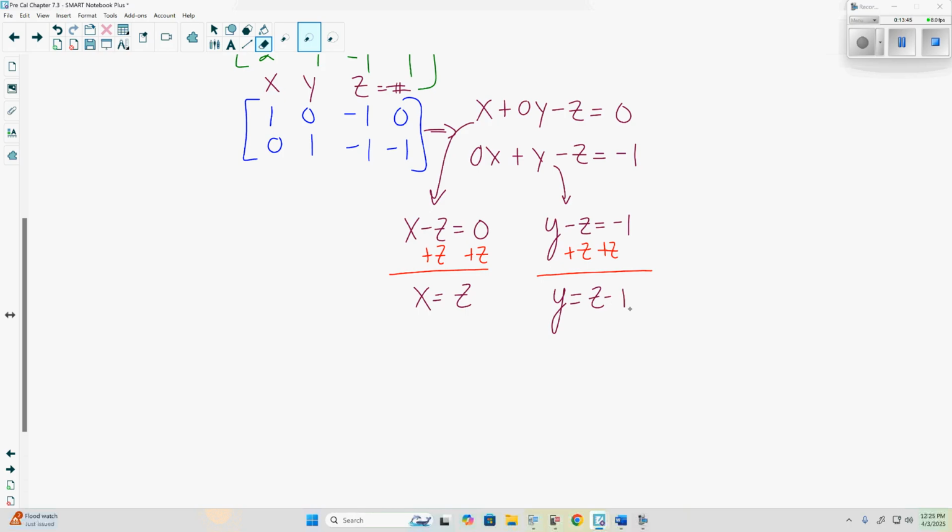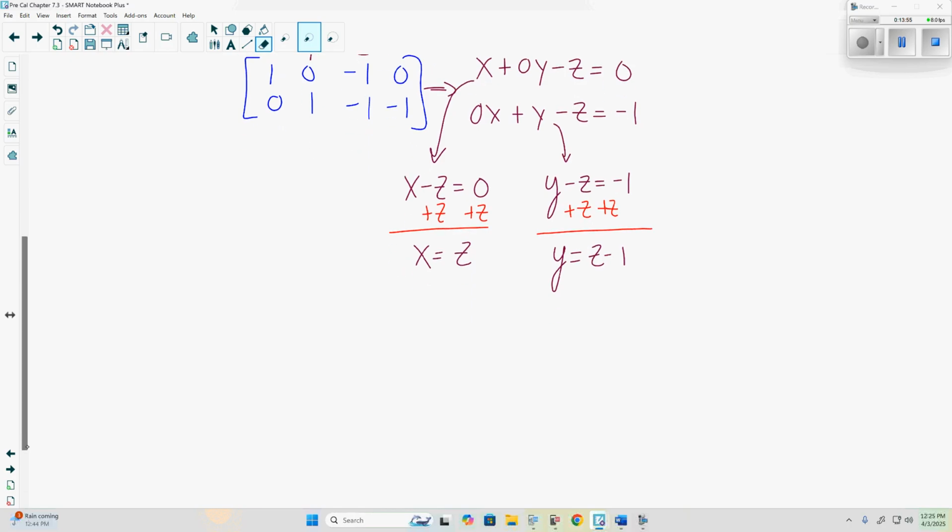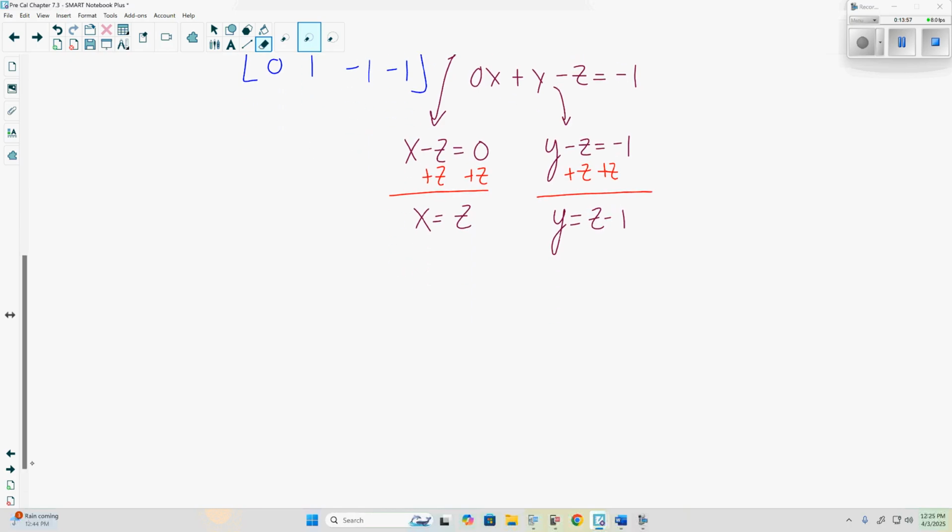Because again, we will have infinitely many solutions, and most all of these are going to end up in terms of z. For our point, our value, z, for us here, can be any number. It's just a number.